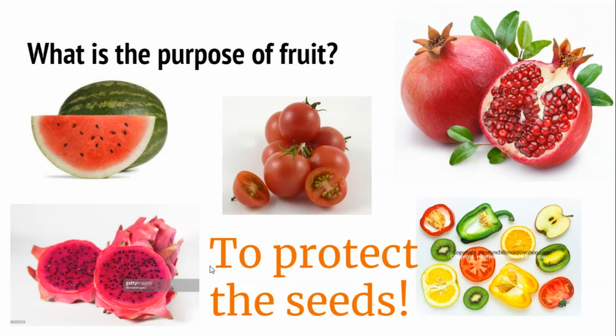And then without being digested, because animal stomachs are not strong enough to break down the seed coat of the seed, the animals in nature and in the woods will go further somewhere away from the original plant, and they will poop those seeds out because they did not get digested. And therefore, they're being fertilized, but they're also being put into another place where they have a higher chance of survival. So what is the purpose of the fruit? It's to protect the seed.